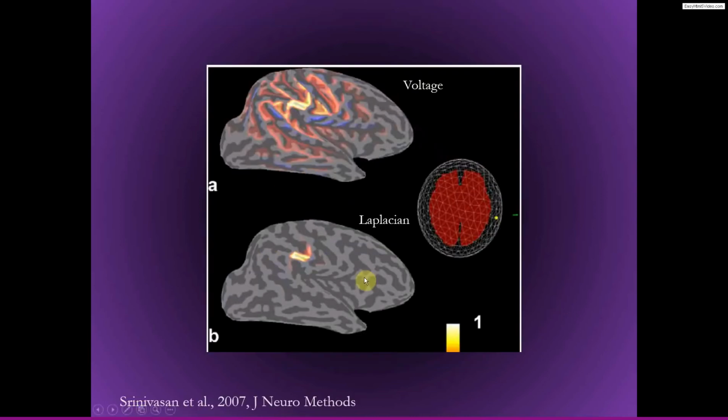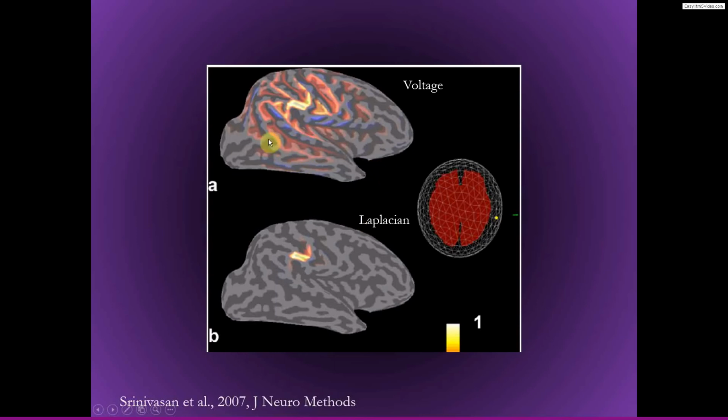Here we see the other part of this slide, this figure from the Srinivasan paper. After the Laplacian, only a very confined patch of cortex really contributes to the activity at this electrode. This is simulated data, but you can think of it as your internal model, your understanding of the effect of the Laplacian.